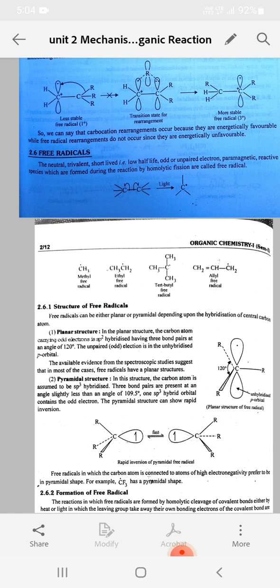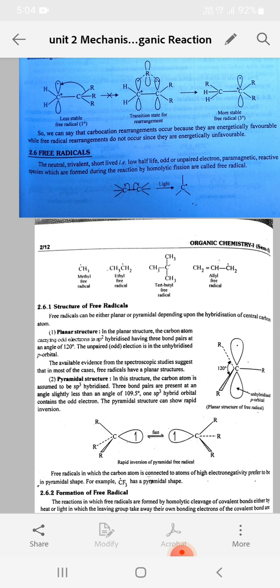Thus the unpaired odd electron is in the unhybridized p orbital. The available evidence from spectroscopic studies suggested that in most cases free radicals have the planar structure.